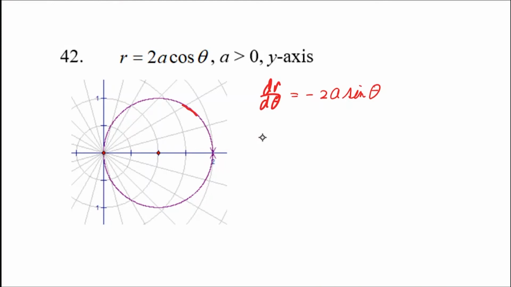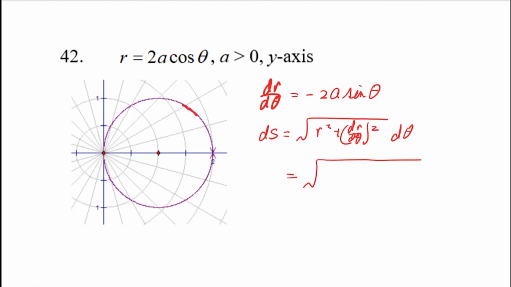Okay, then ds. What does ds look like? Would that be square root of r squared plus dr d theta squared, d theta here? Okay, so let's plug this in.